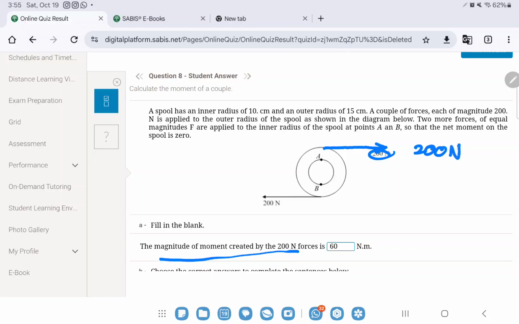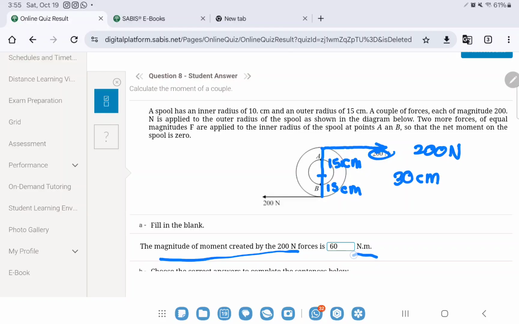So 200 multiplied by the distance between the two forces. They told us that the outer radius, the big circle's radius, is 15 centimeters. So this part is also 15 centimeters because it's a radius, so the whole diameter is 30 centimeters.